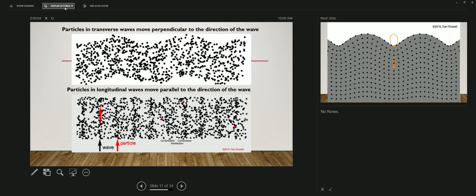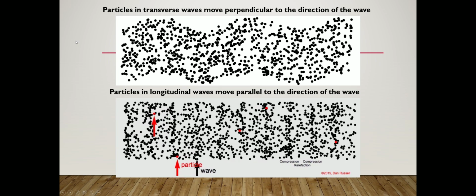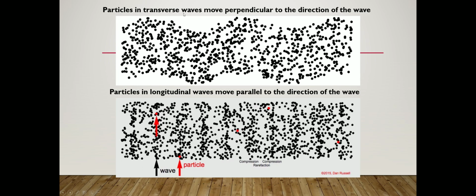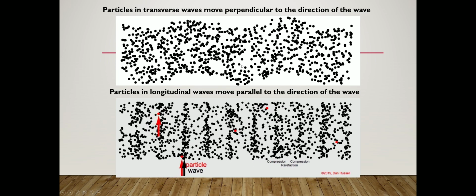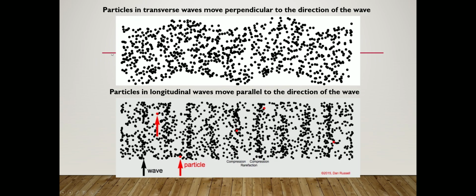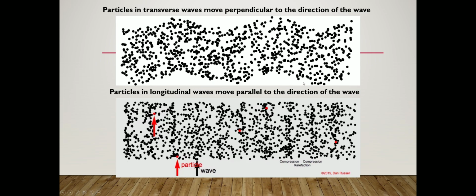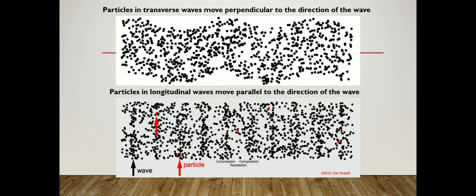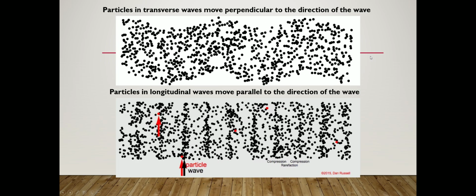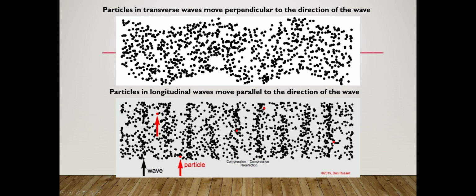And that's all about the difference between transverse and longitudinal waves. Let's look at the motion of the particles. Particles in transverse waves move perpendicular to the direction of the wave. So they go up and down. If the wave is moving to the right, the particles move perpendicular, up and down.